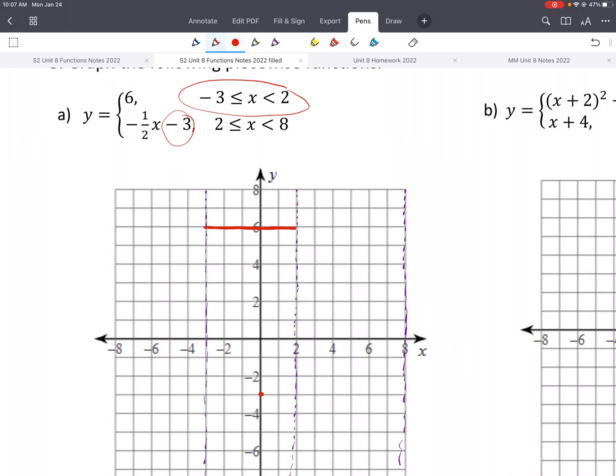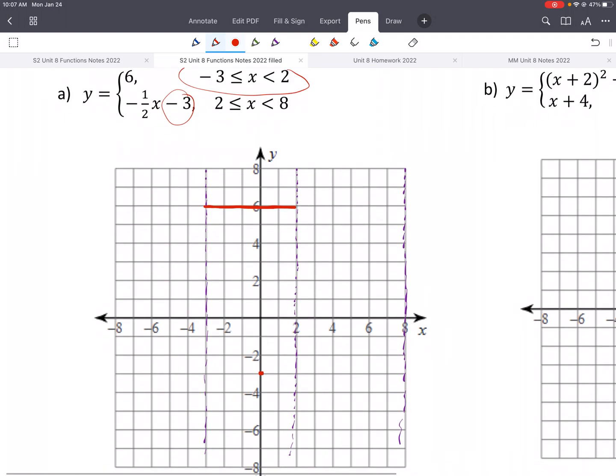Then our slope here is down 1 over 2. But we only draw it between that domain, so we only want to draw that line there. Maybe we'd even want to erase that y-intercept, otherwise that might be a little confusing.